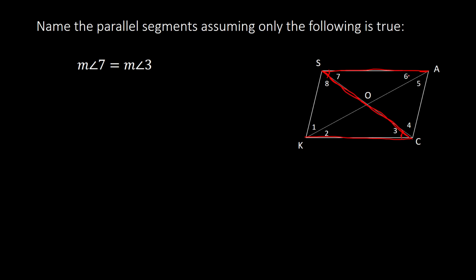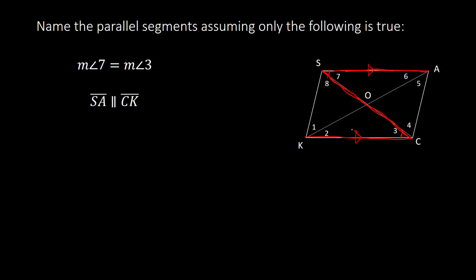They're on the inside of the two lines on the top and the bottom. So angle 3 and 7 are alternate interior angles. We know that they are congruent, and one of the ways that we can prove that we have parallel lines is by showing that alternate interior angles are congruent. So because of that, we can conclude that we have parallel lines. The lines that are parallel are the lines that we see here in red, line AS and line CK. So those would be parallel.